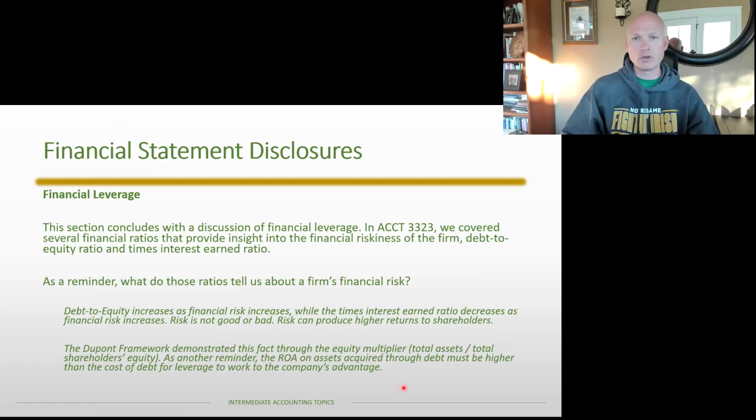But it's really important to note that the return you're able to generate from any borrowed money has to be more than the cost of that debt. If not, then it's going to work against you. So if I borrow money at 6%, I have to produce at least a 6% return just to break even. And then obviously you want more than that if possible.